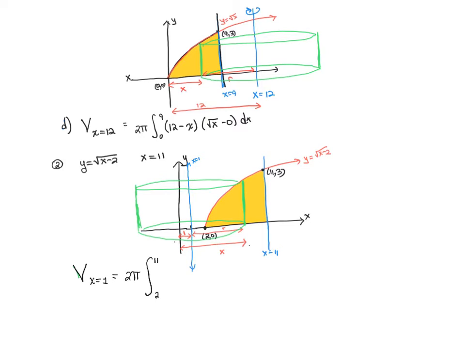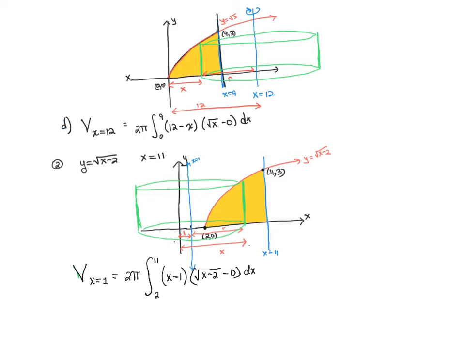And now we have the radius, but the height of the shell is square root of x minus 2 minus 0, top minus bottom. The radius of the shell would be x. Notice x is larger than the distance of the axis of revolution to the y-axis. So that would be x minus 1. And that would take care of the scenarios.